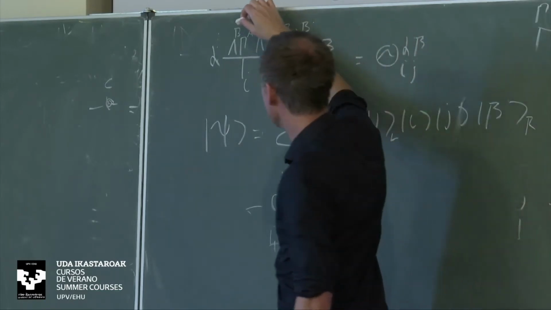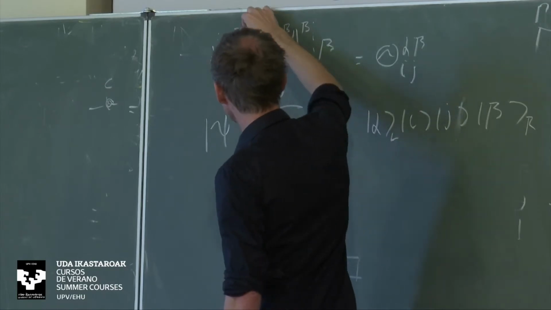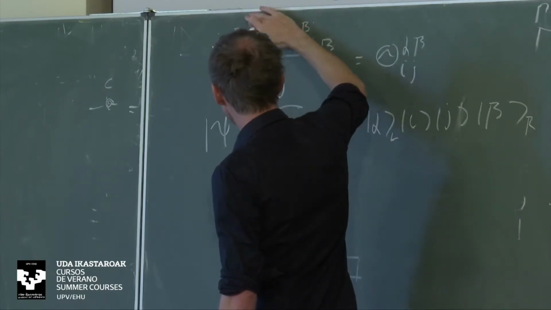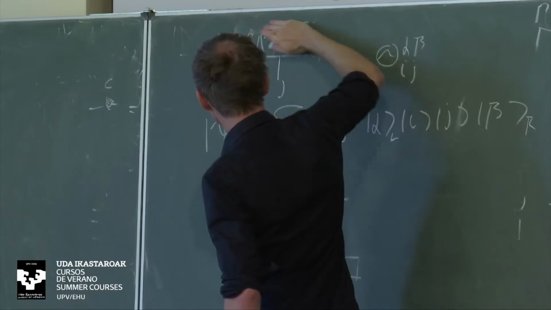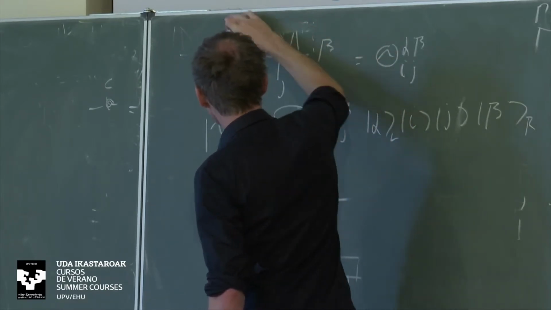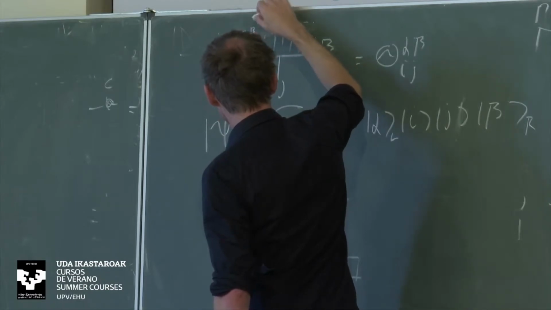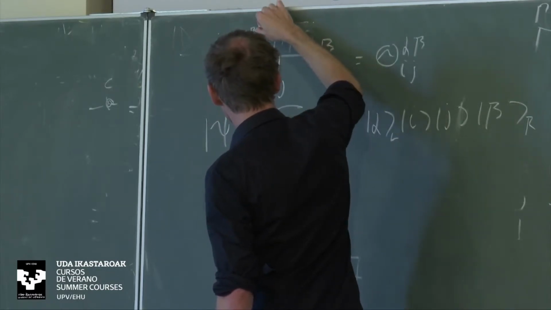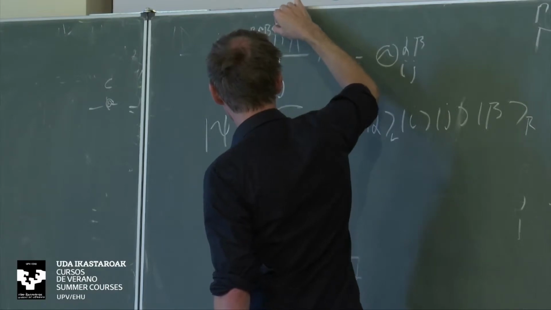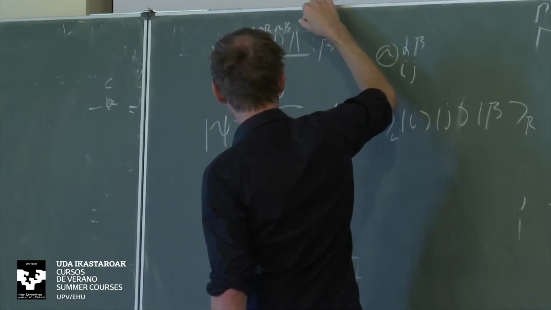So let me put the tildes here after you perform the step, and then you just do the update the other way around. Then you choose your gamma, lambda B, gamma B, lambda B tilde, gamma B tilde.